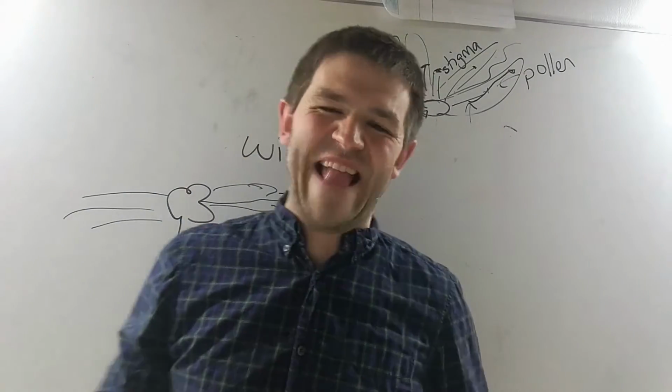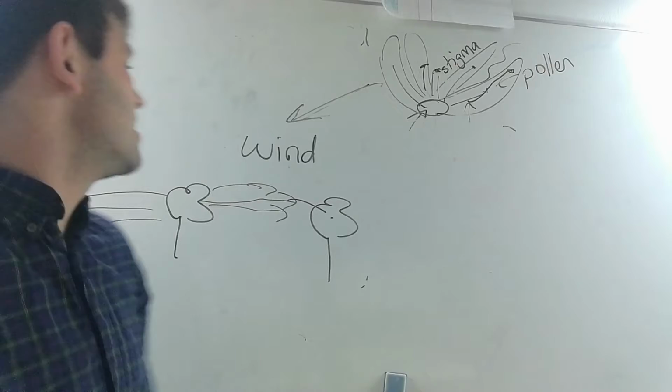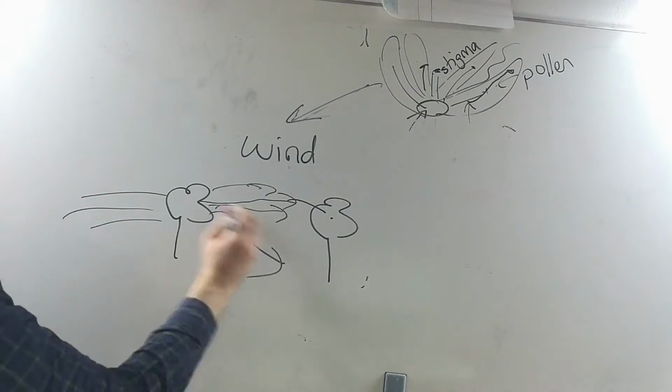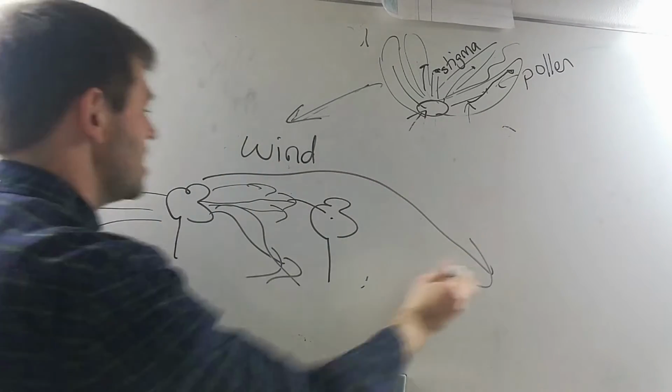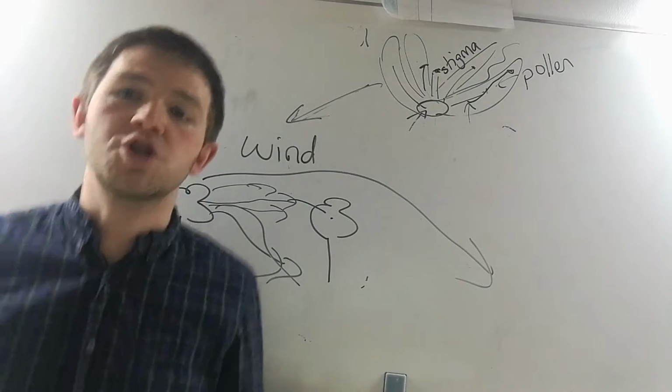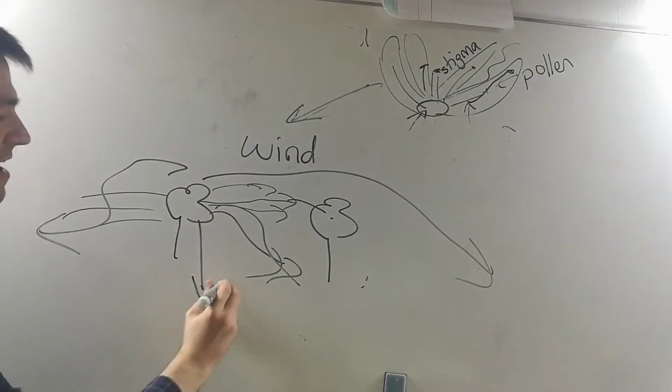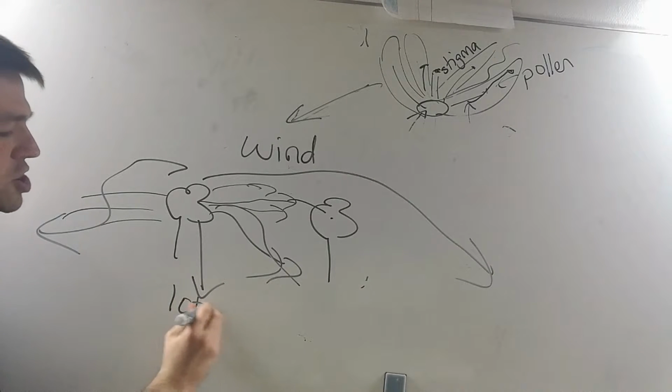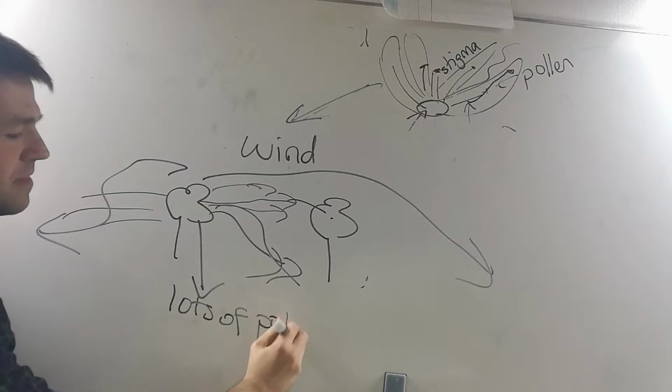Now, most of the time, they miss. They don't fall in the right place. Some pollen goes here, some pollen goes there. Problems. So, these plants here need to make lots of pollen.